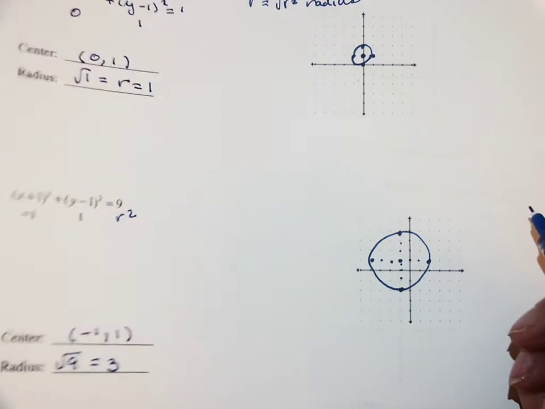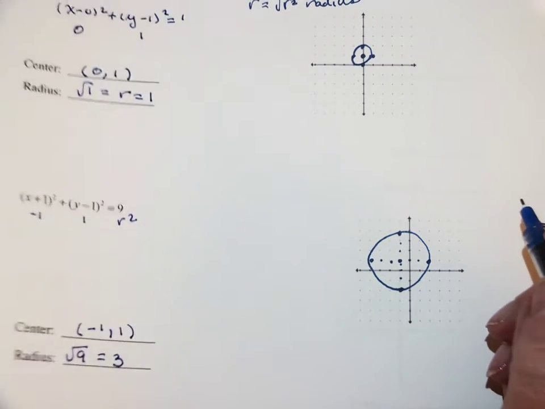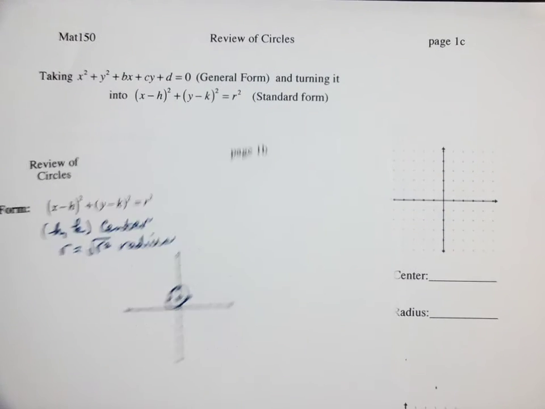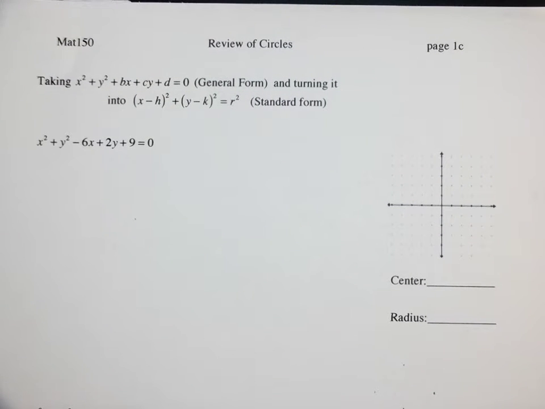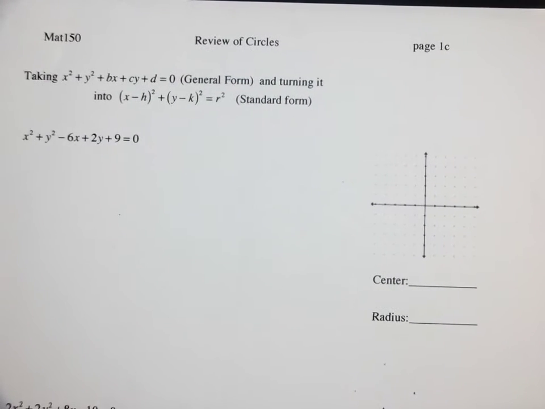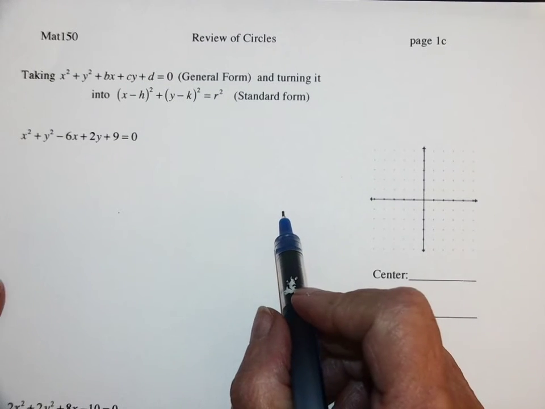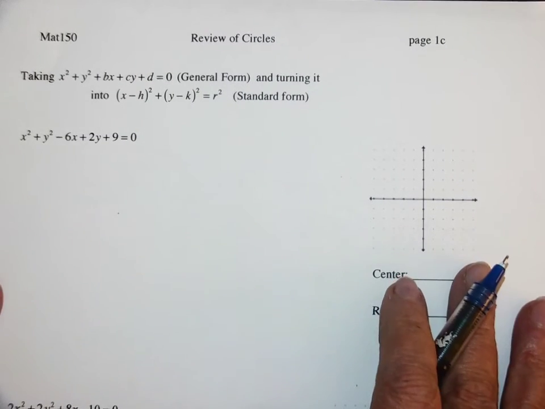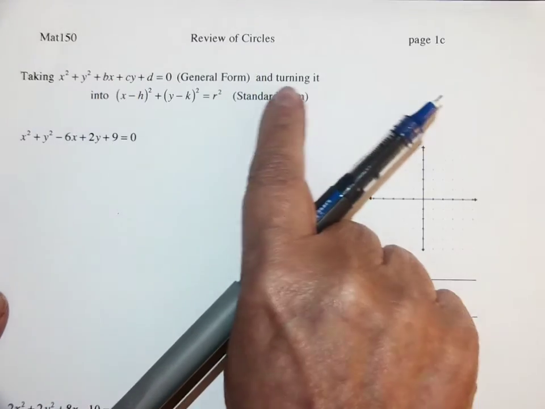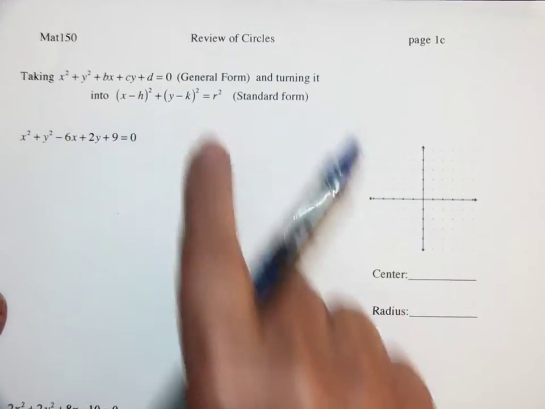I'm just going to put these 2 pages on one video. Now, if you remember, this is going to be dealing with completing the square. So this is in general form. We want to turn it into standard form.